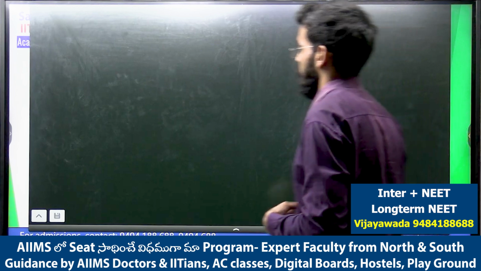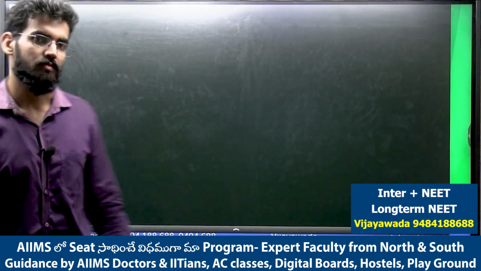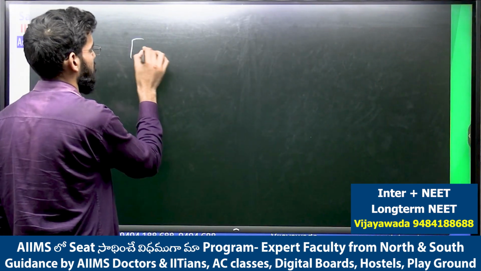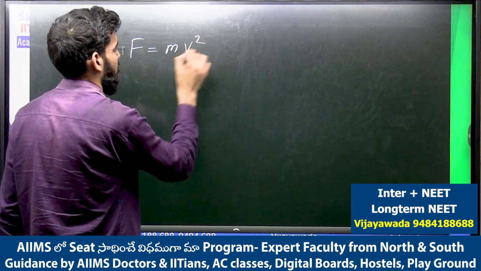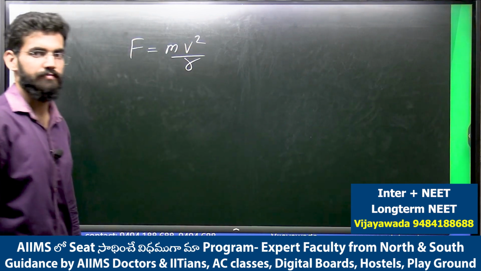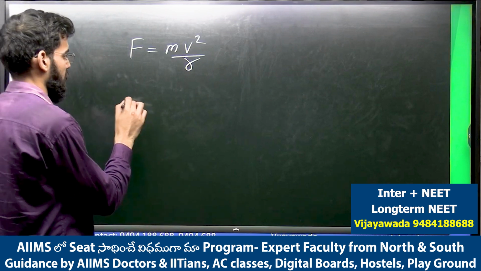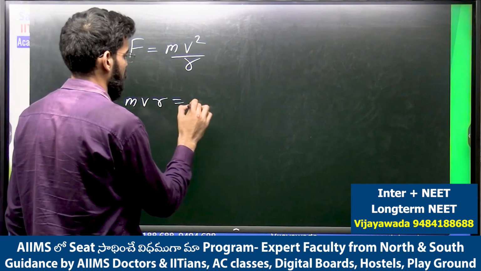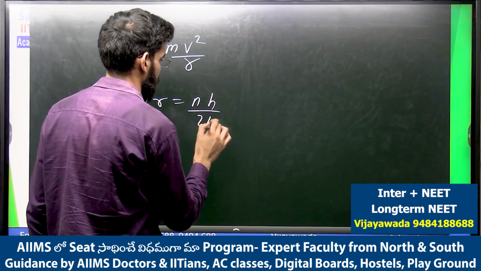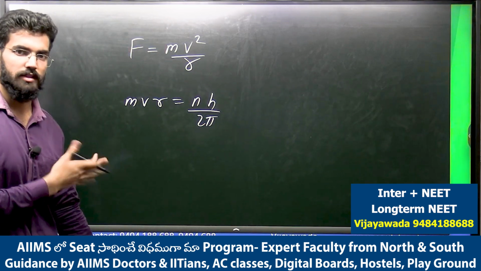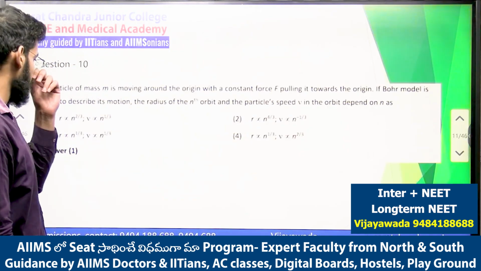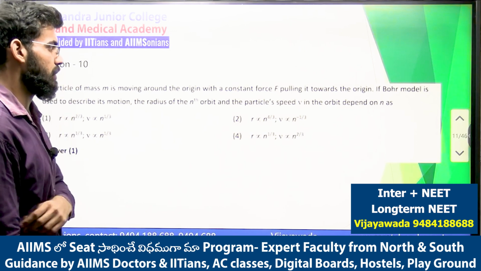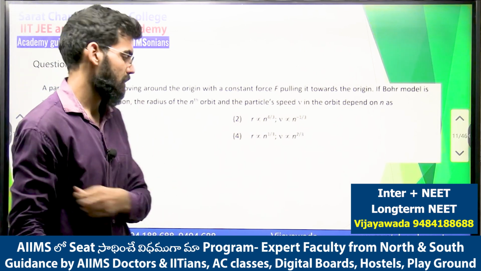So first of all, moving with the help of a constant force towards the center, I can say F is equal to mv square by r. Okay, Bohr model, so mvr equal to nh upon 2 pi. That's it. Now he is saying how radius and velocity depend upon n.